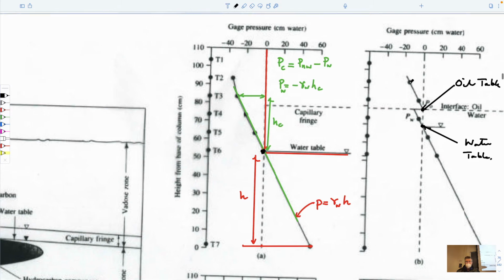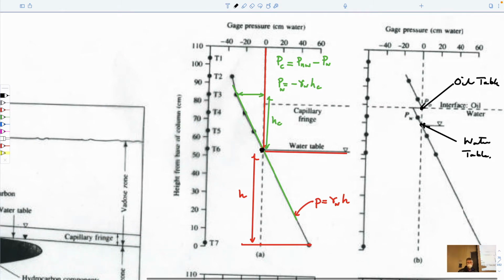This dotted line, as you come down here, is where the pressure is atmospheric. It's atmospheric at two places. It's atmospheric at the location between the saturated groundwater zone below and a tension saturated zone above it, which has been pushed down by this supernatant oil as it's coming down. And where the oil pressure, if you extrapolate it to this point, is also equal to 0, then by definition, since a table is where the pressure is 0, this represents the oil table.